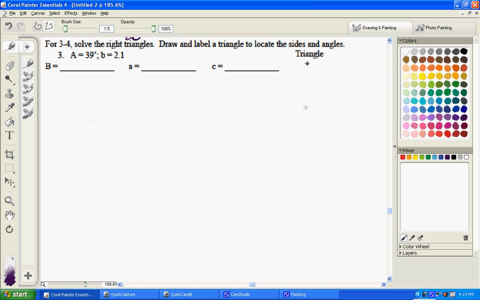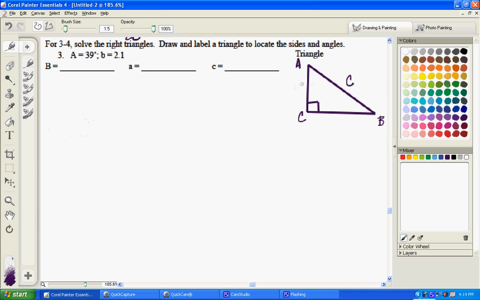First thing I do when I'm solving a right triangle is I build the triangle. Okay. I'm going to label it triangle ABC. As always, it doesn't matter which angle is A or B, as long as angle C is the right angle.